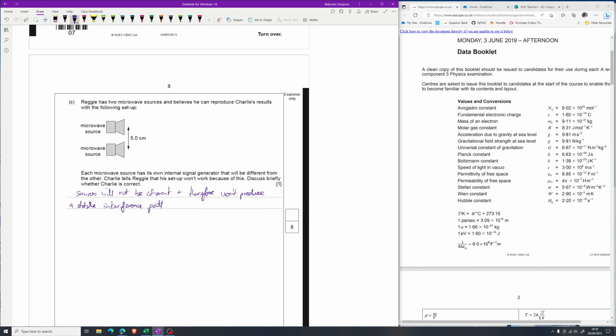My strong suspicion here is that what they're testing for this mark is your understanding that sources must be coherent. So I reckon just not coherent might even get you the marks here. I would never, and I wouldn't advocate risking that in an actual exam. But that's the point to be made here, isn't it? So Charlie is correct. Okay, that's it.